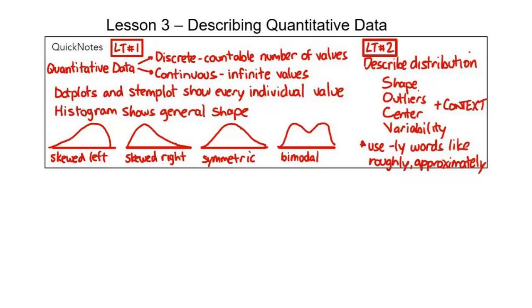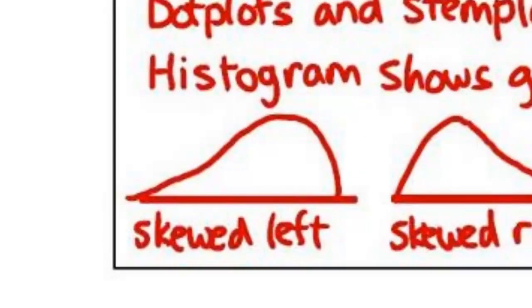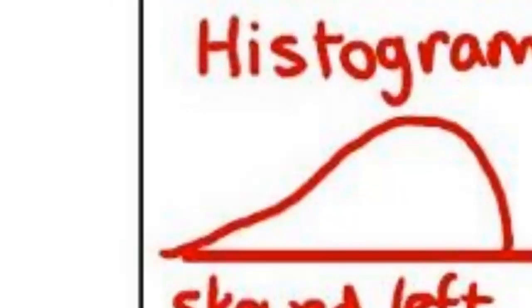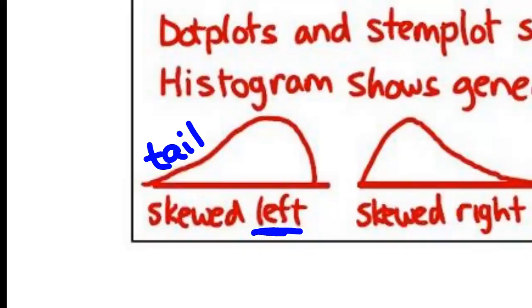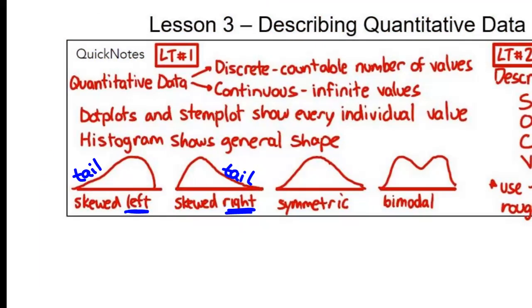Dot plots and stem plots show every individual value. Histograms just show the general shape. The way we name our skewed distributions, we name them based on the tail. So skewed left has the tail on the left. Skewed right has the tail on the right.